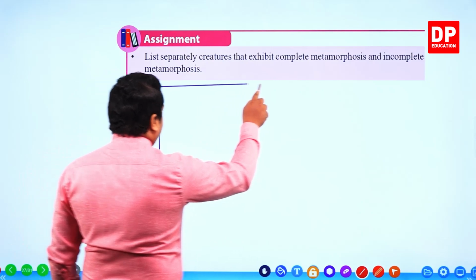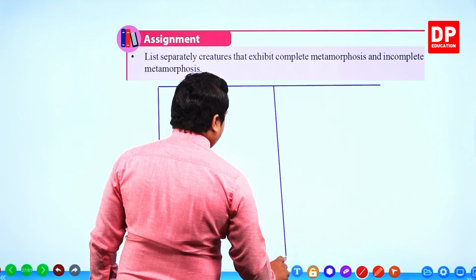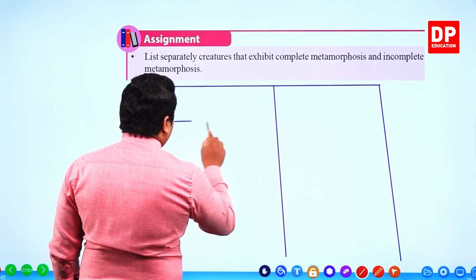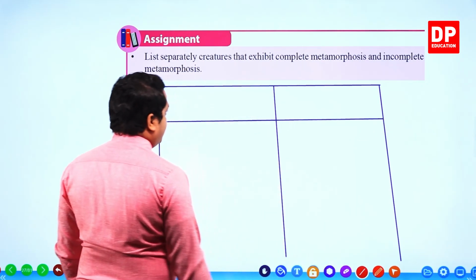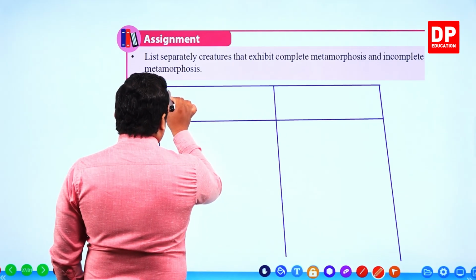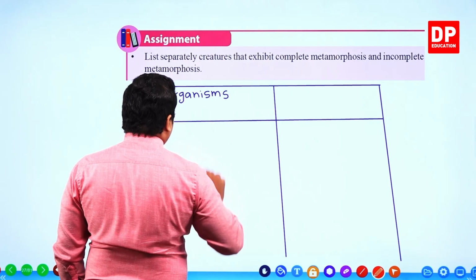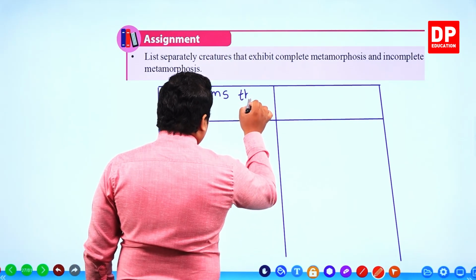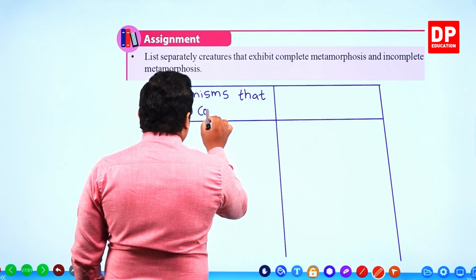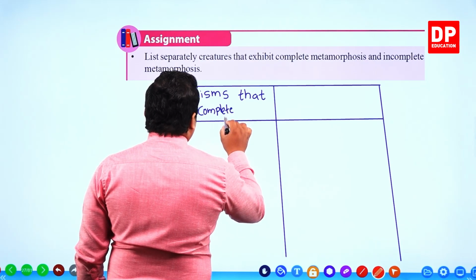So we can divide into two main categories. Like this. I'll mention 5 organisms.